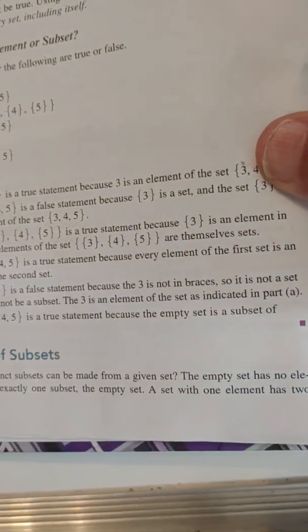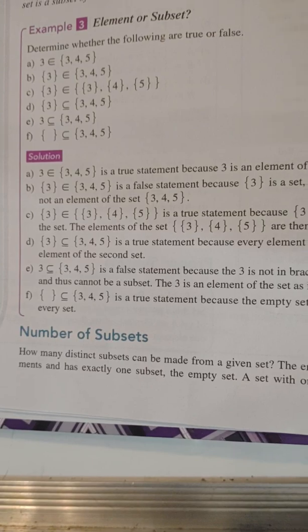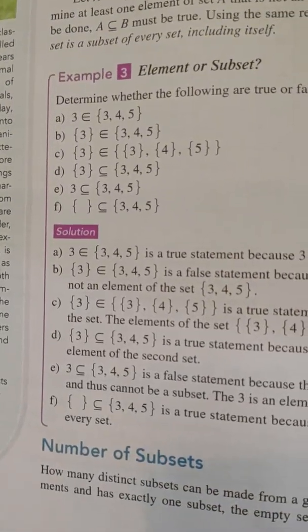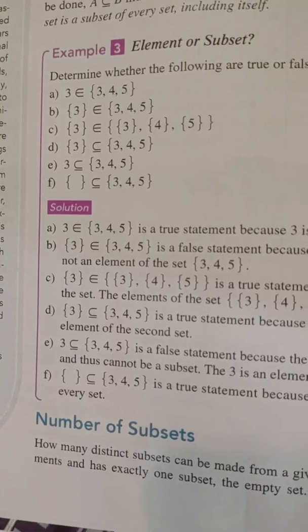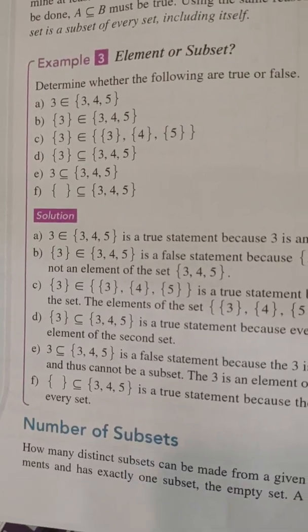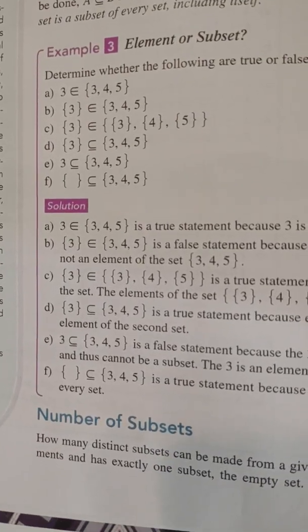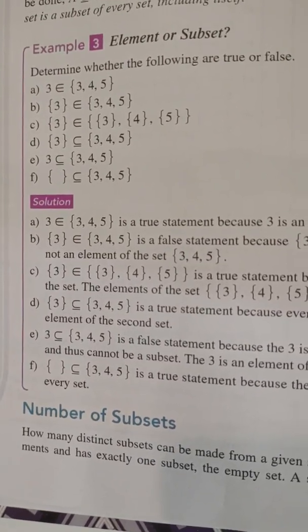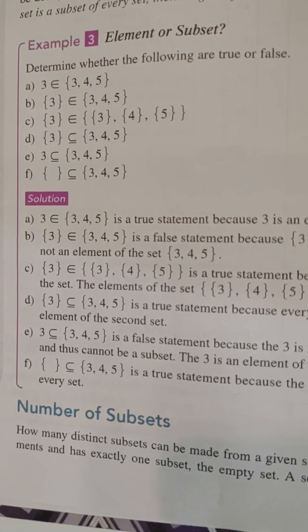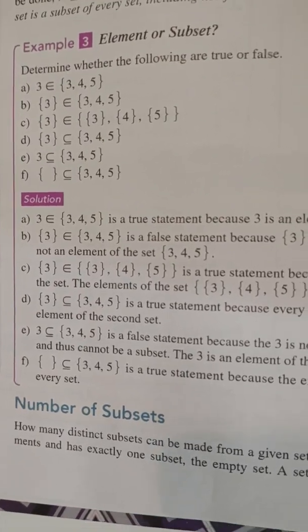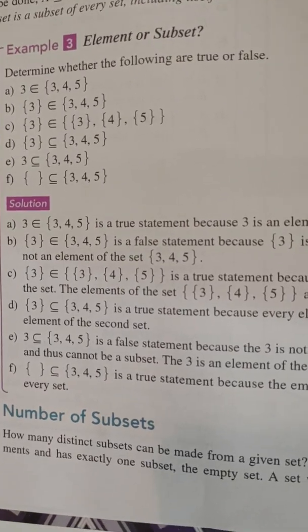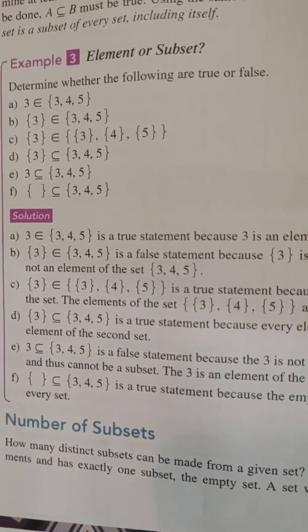And if you look at D, same thing. It says that is a subset of 3, 4, 5, which is true. Letter E is false, because that is saying 3 is an element. It's not a subset. F is actually a true statement, because an empty set or a null set is always a subset of any set.